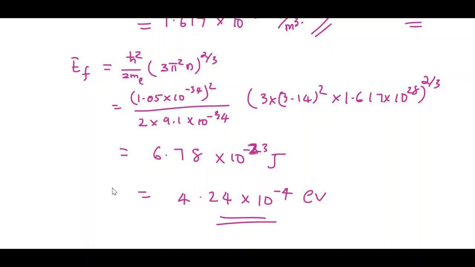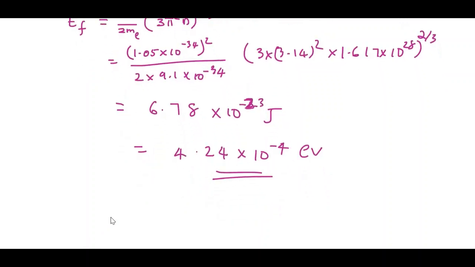So this is the Fermi energy. Now next task is finding Fermi temperature. For that, EF is equal to KB TF, or TF is equal to EF by KB.